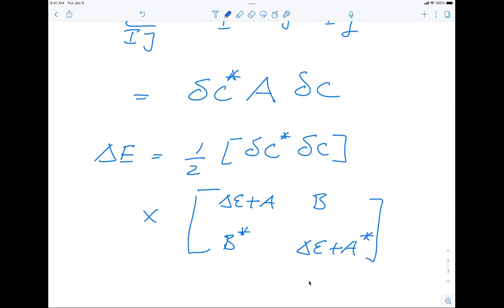And then multiplied with this vector delta C and delta C complex conjugate. Because we have to look again at the equations here, because there will be terms which involve delta C in slightly different ways.